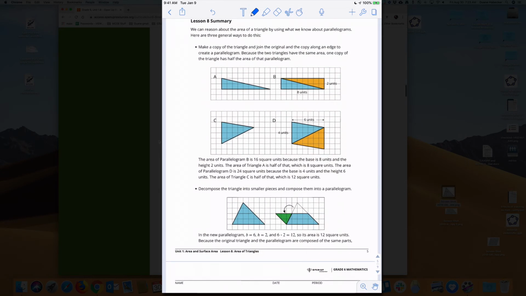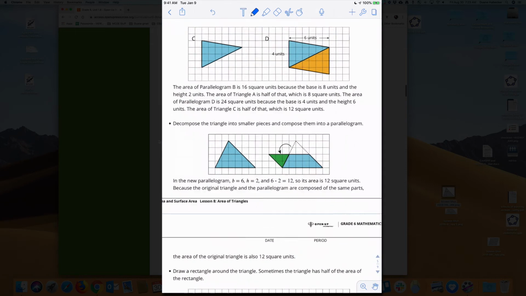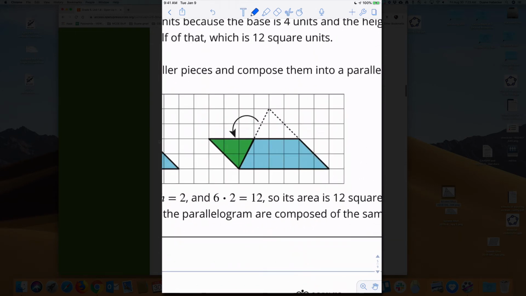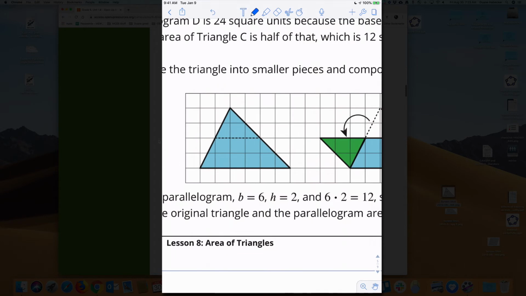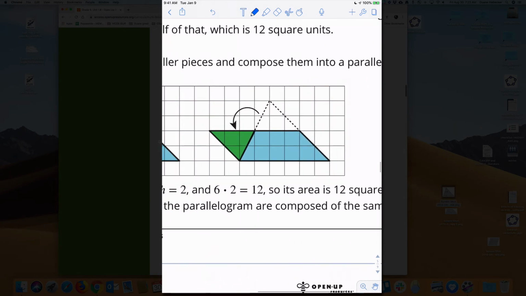By the way, this visual might help you with how we can take a triangle and turn it into a rectangle. Because if you can take a triangle right here and turn it into a parallelogram, then we can take this parallelogram and turn it into a rectangle.